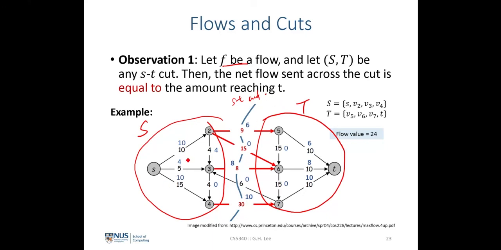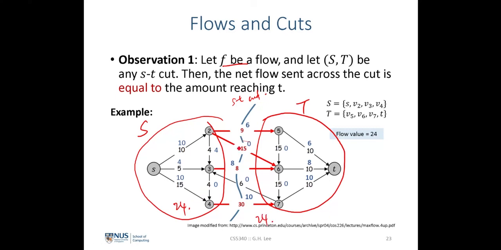So in this case, I'm sending a total flow of 24 from the source over here, which is 10 plus 4 plus 10. Then the total flow that I have sent across the sets of nodes S and T had better also add up to 24 because of the flow conservation property that we have seen earlier.